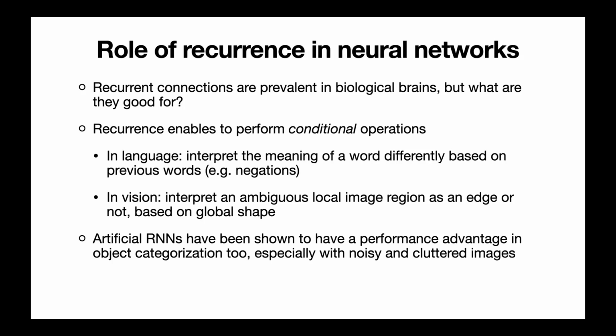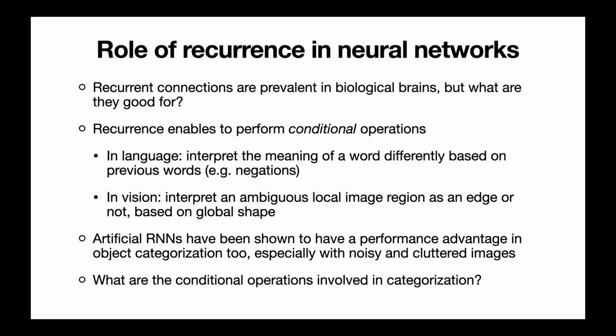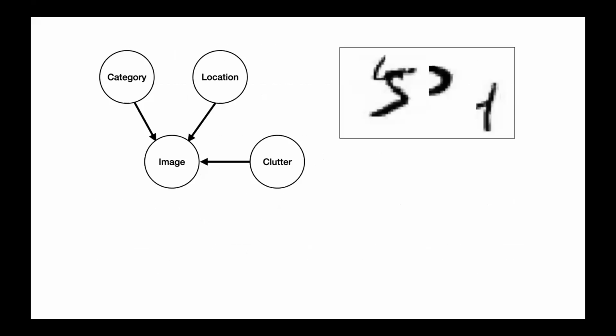And artificial recurrent neural networks have been shown to have a performance advantage also in object categorization, especially in conditions of noise and clutter in the image. So to see this in terms of conditional contextual operations, what are the conditional operations involved in this categorization task?